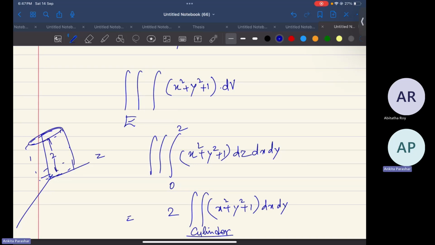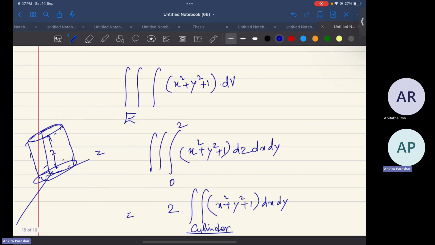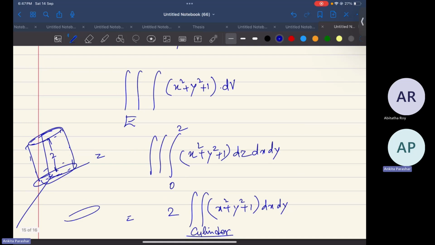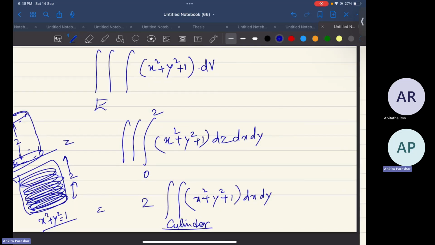I'm not drawing it perfectly, but this is how it looks. The radius is 1, and each time the circle is x square plus y square equal to 1.